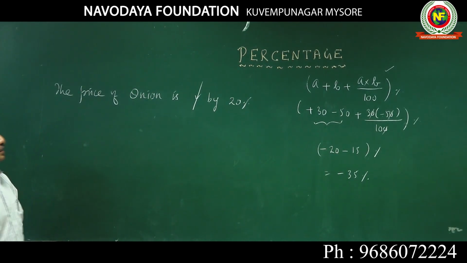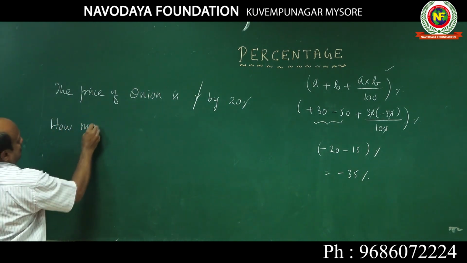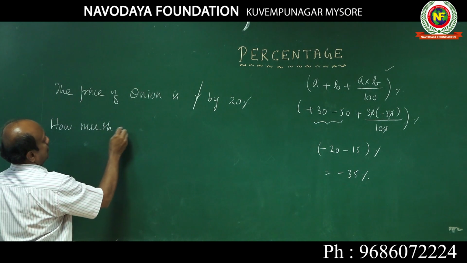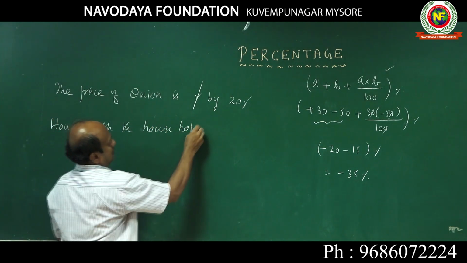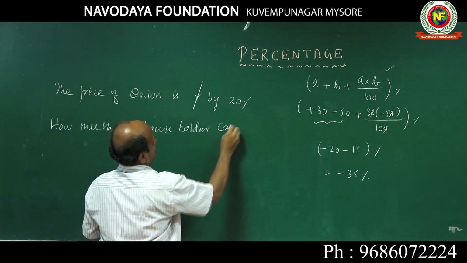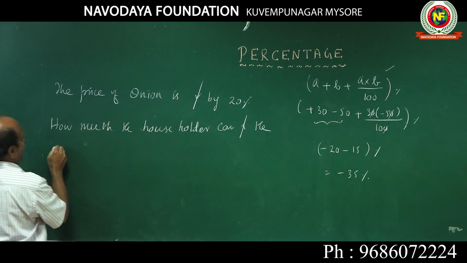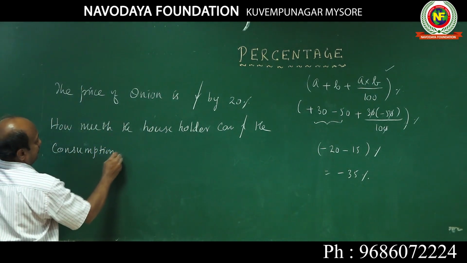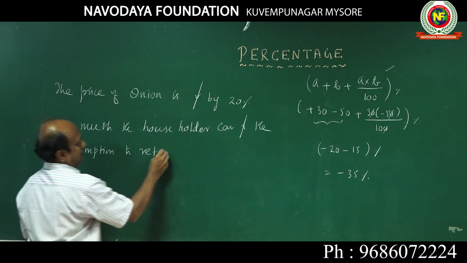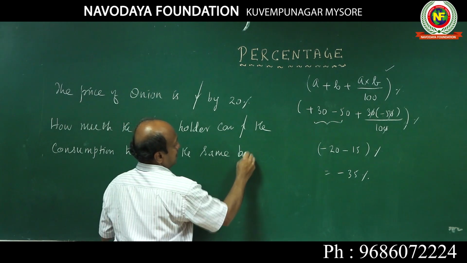The price of onion is decreased by 20%. How much should the householder increase utilization or consumption to retain the same budget?